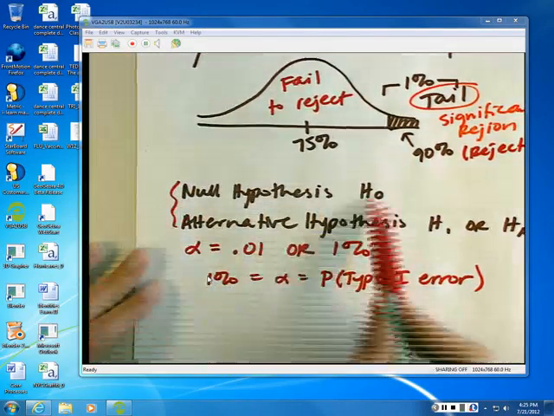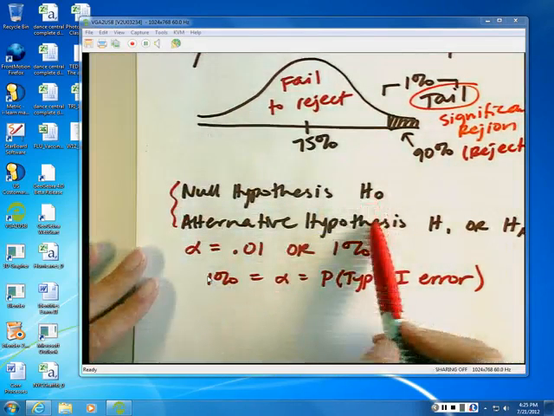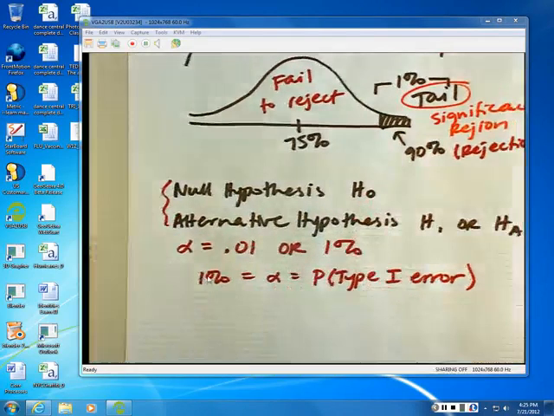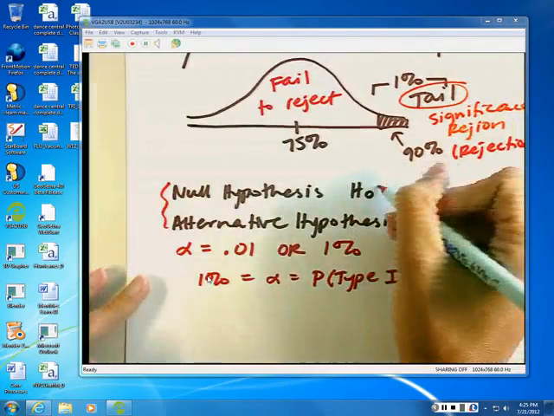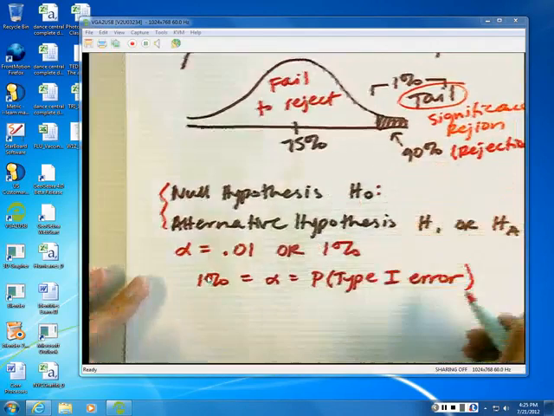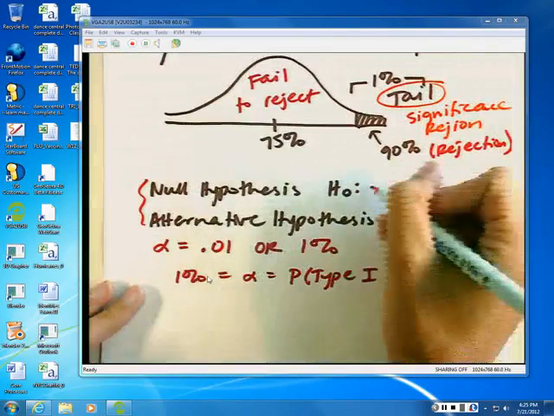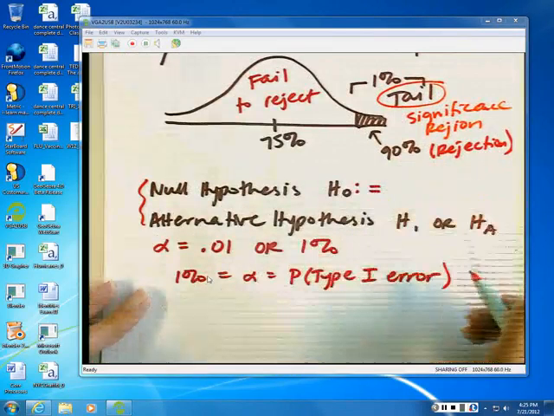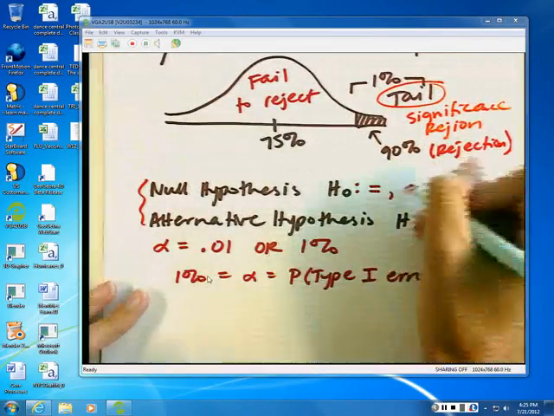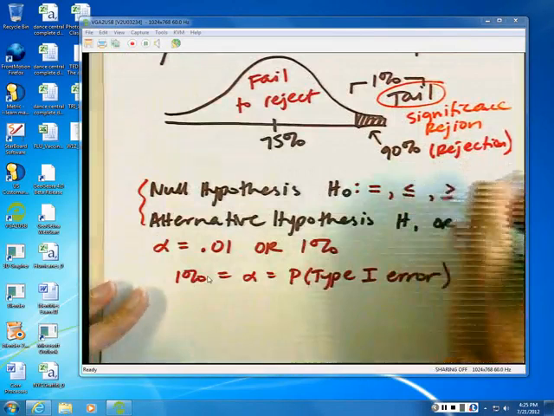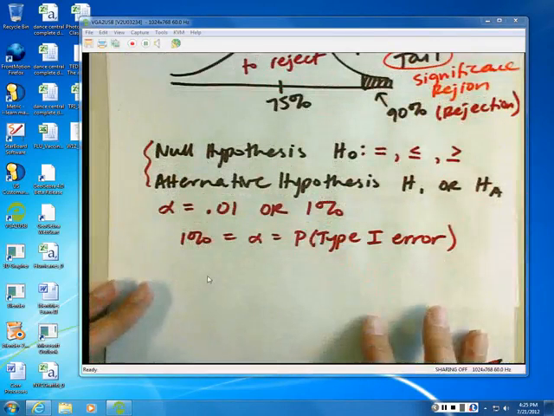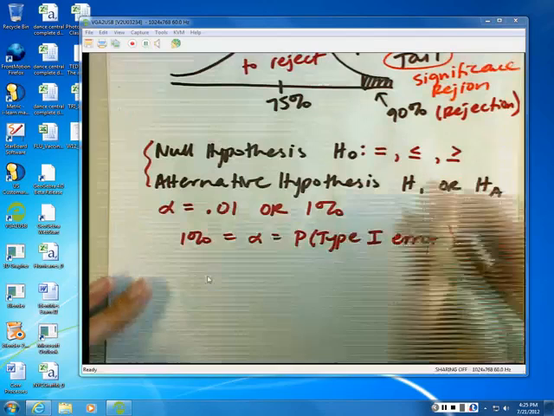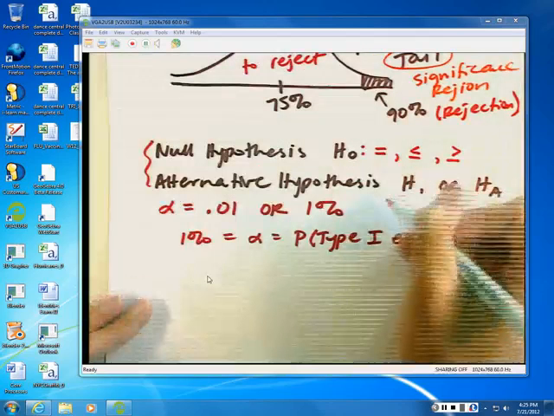We're going to have two opposing hypotheses. As we set up, the null hypothesis is always going to include the equals case. So now we want to turn this into something mathematical that we can analyze. It's going to have either equals, less than or equal to, greater than or equal to, which means the alternative hypothesis will always have the opposite, or the not equals case. Let me make a chart here.